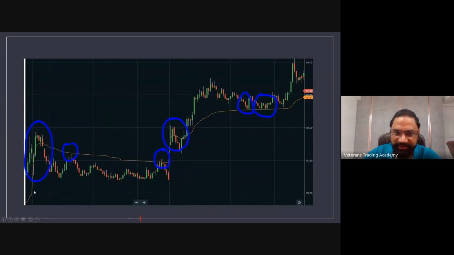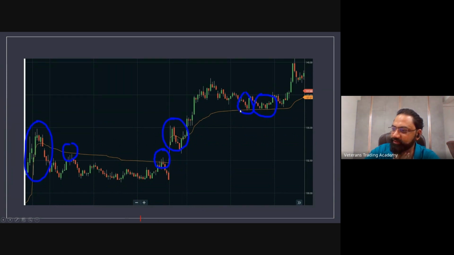VWAP is a line something like this, which will be drawn. If someone is following VWAP, you can see that this is VWAP, and here it started going up. It means that most of the traders who have gone long are now profitable, and thereafter someone can have a stop loss at VWAP. Generally, people do keep a stop loss at VWAP, just below it, and try to ride the trend.